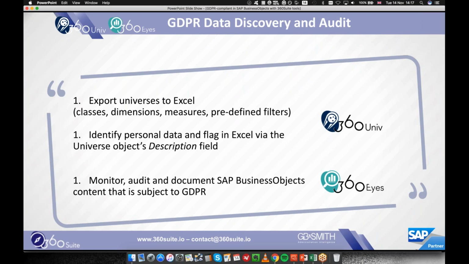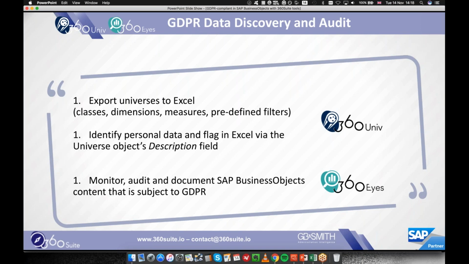The next step, using 360 Eyes, because with this solution we're able to drill into Business Objects and do a full BI on BI, we're able to pick apart the universes and reports. We also get data from the CMS and from the audit repositories.